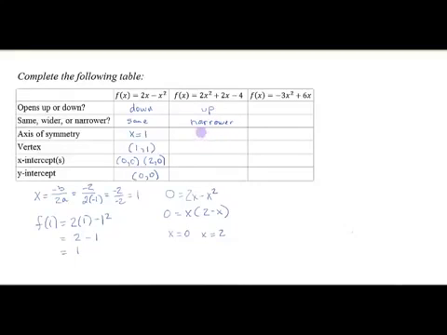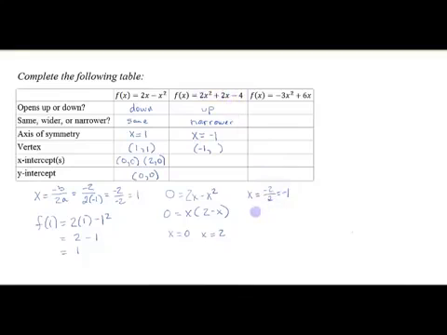The axis of symmetry is going to be x equals negative b over 2 times a, so that's x equals negative 2 over 2 times 1, which is 2, so we get a negative 1. And the vertex will be negative 1 for the x, and we'll find the y by putting negative 1 in.